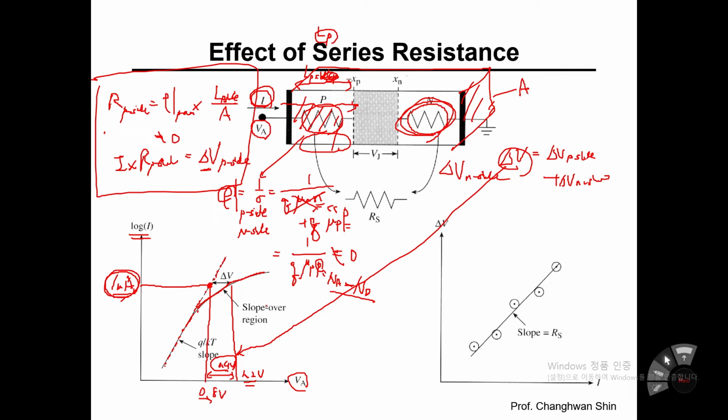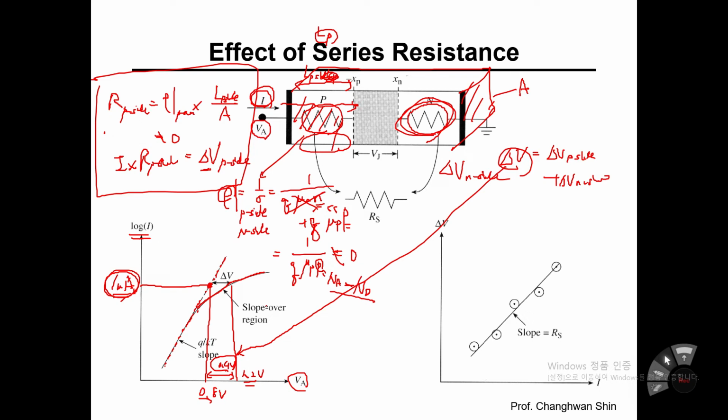However, the resistivity value in the quasi-neutral regions in the p side and n side should never be 0. So we shouldn't assume zero resistance in the quasi-neutral region. So this impact becomes more significant as the current across the PN diode keeps increasing.